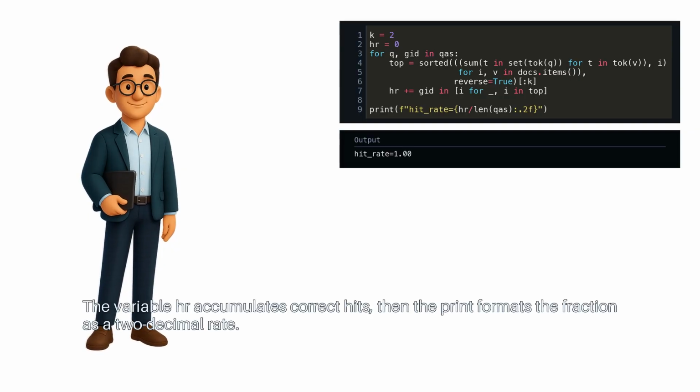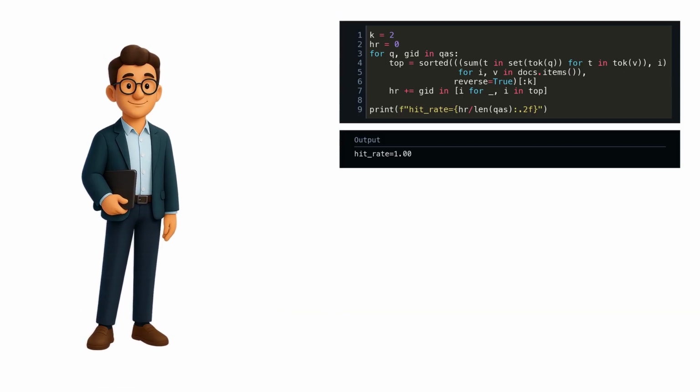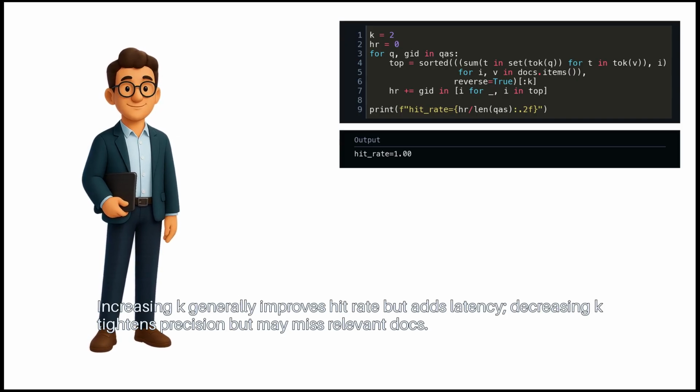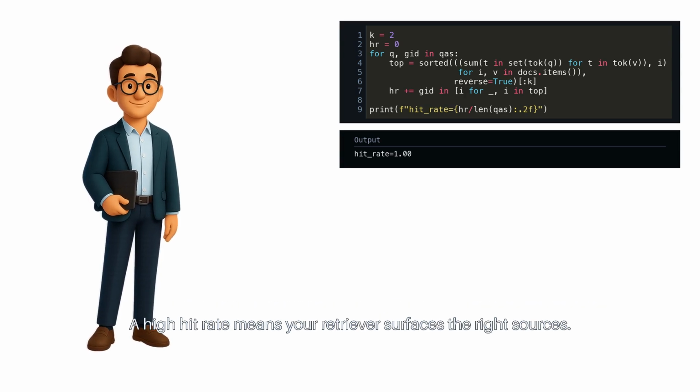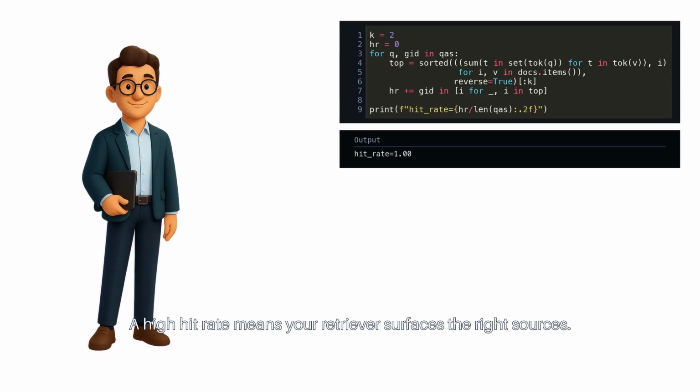The variable HR accumulates correct hits. Then the print formats the fraction as a 2-decimal rate. Increasing K generally improves hit rate, but adds latency. Decreasing K tightens precision, but may miss relevant docs. A high hit rate means your retriever surfaces the right sources.